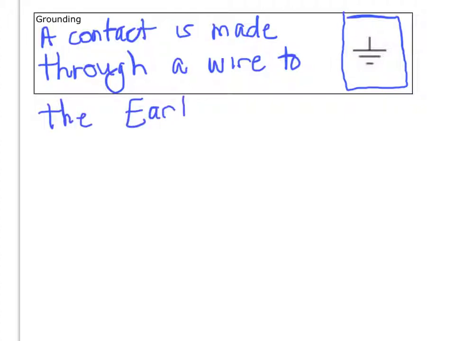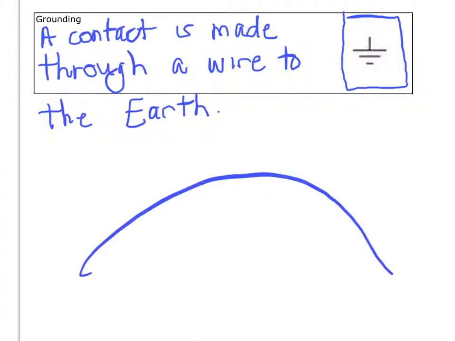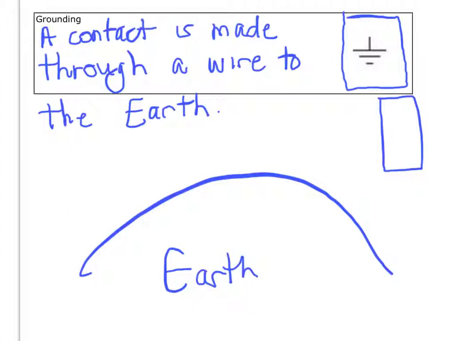The idea is that the earth is so huge that, although it's neutral, it has so much room to take charge, that if you had a positively charged object, the earth could easily give some away. So this is earth, and here's my object, and it's all positive.